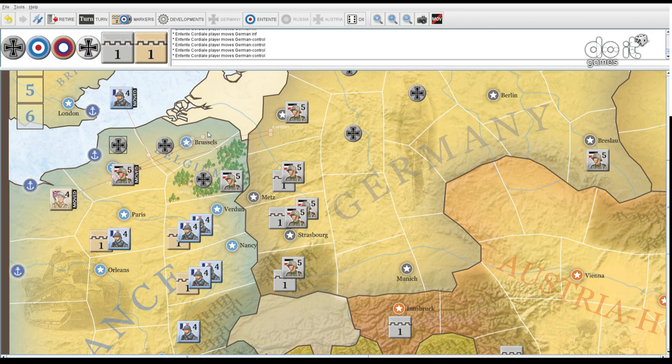Okay, it's an enemy city. So conquering Brussels gives the Germans 1 victory point. But on the other side, the French have lost one home city, one that they had from the beginning, Brussels. In that case, the French UK power will lose 1 victory point.